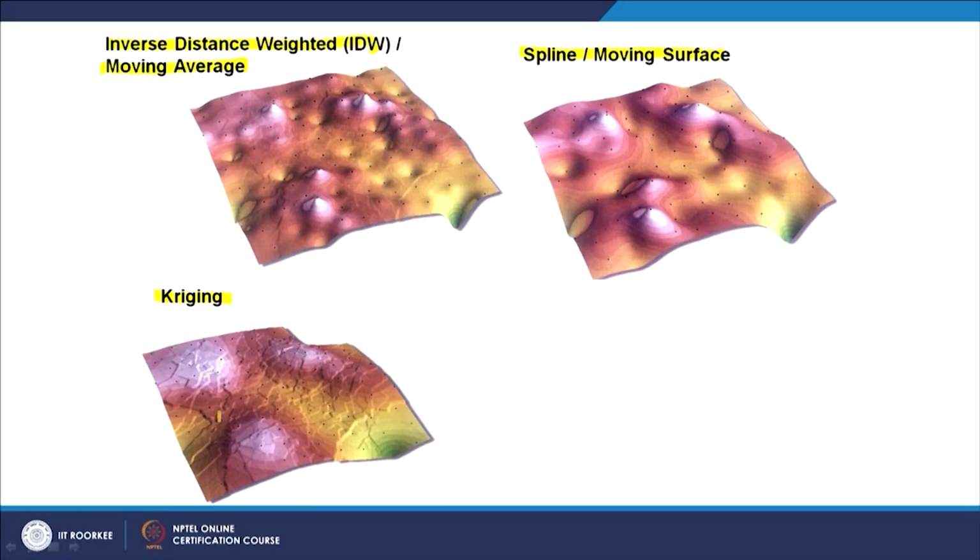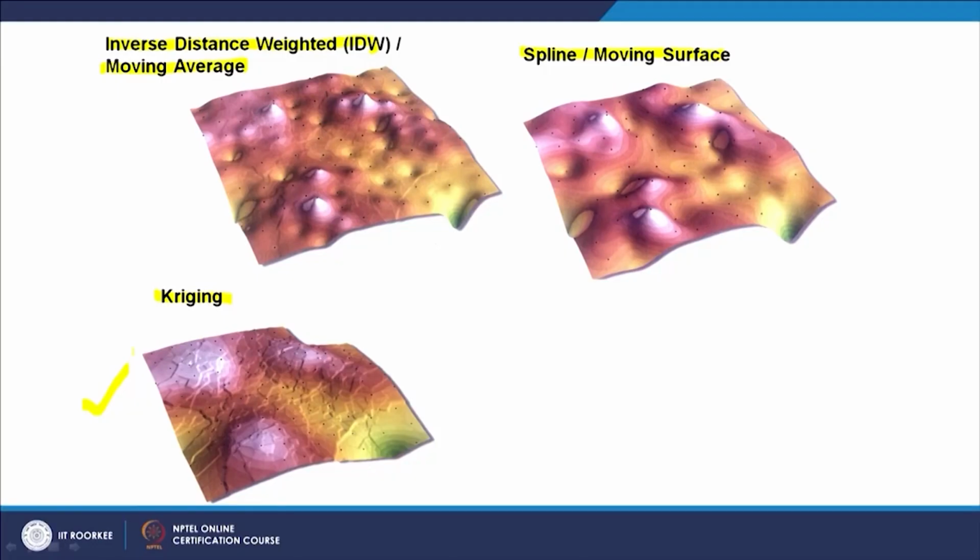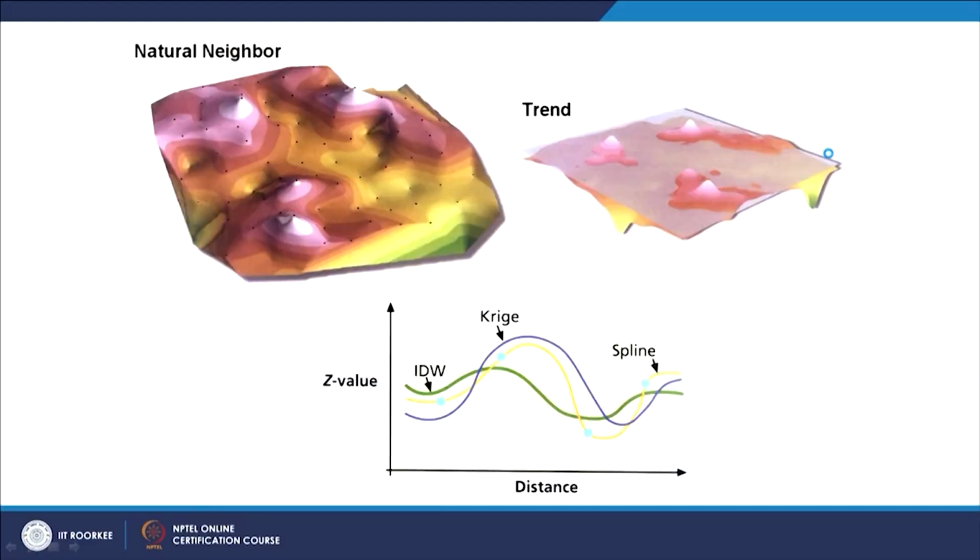Now, which one is closer to reality has to be assessed. In the case of Kriging, uncertainty information would be available, but in the case of IDW, that information is not available to us. There are also various other options, like natural neighbors, and you can create a trend surface.